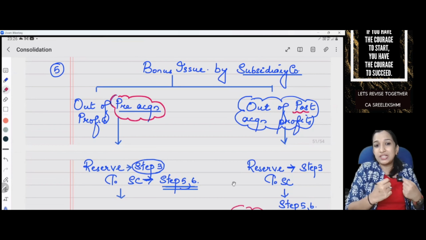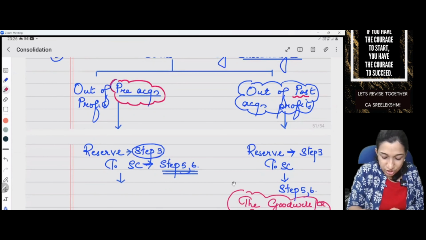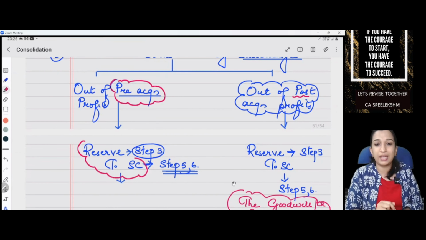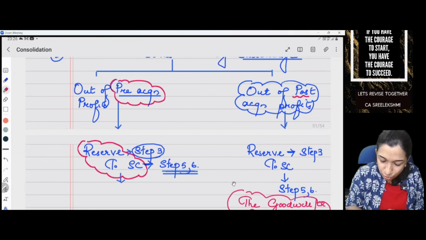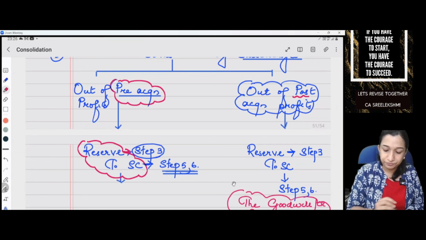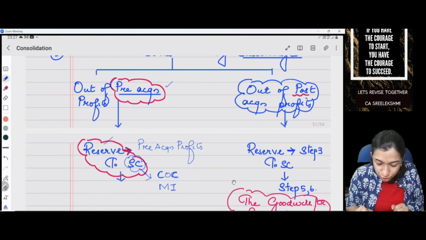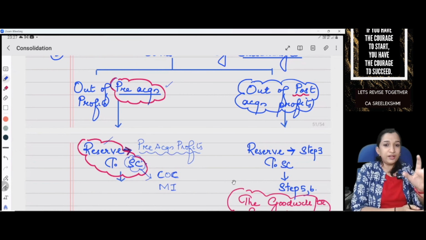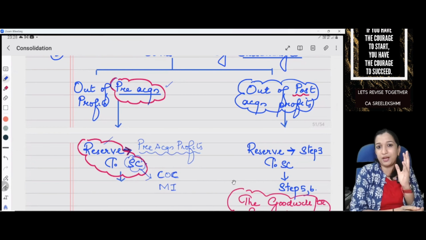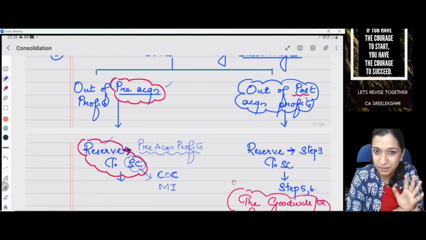If bonus shares are issued out of pre-acquisition profits, whether pre or post, the journal entry of the bonus issue is reserves to share capital. So reduce reserves. You need to reduce reserves because pre-acquisition profits have reduced. That reduction is to be done when you calculate the capital profits or pre-acquisition profits. In step 3, when you do the analysis, deduct from pre-acquisition profits.